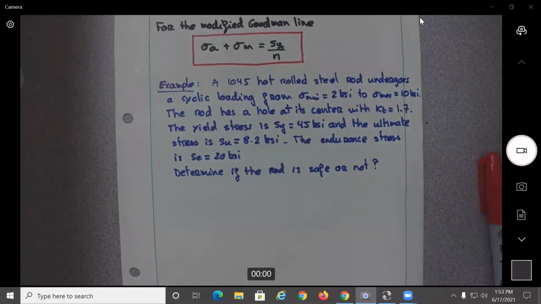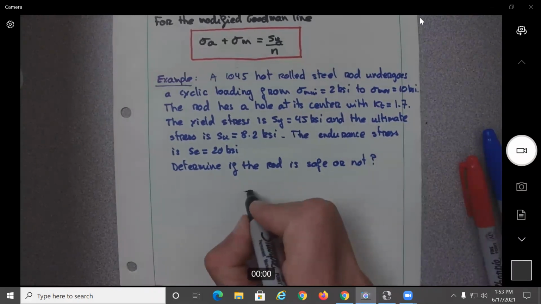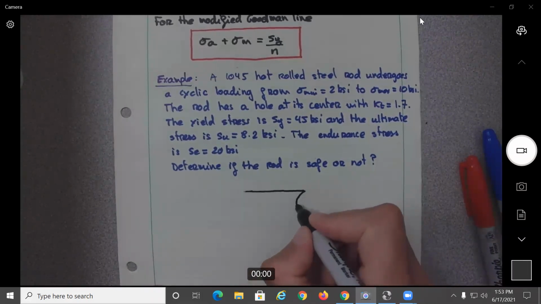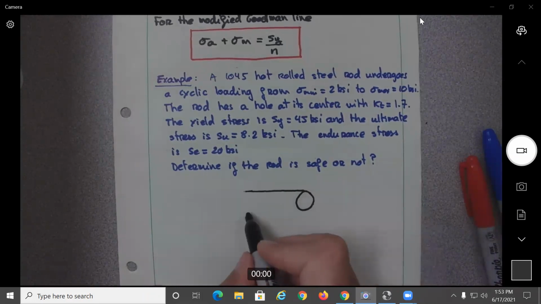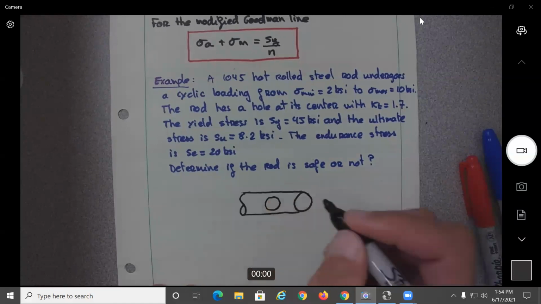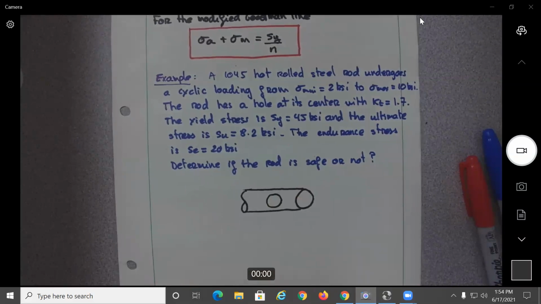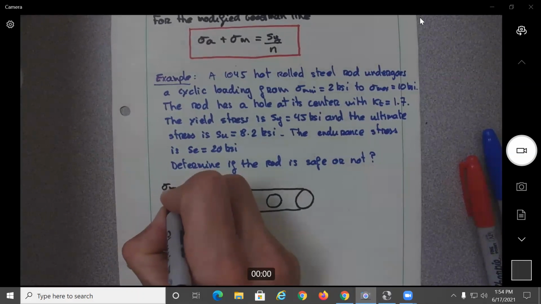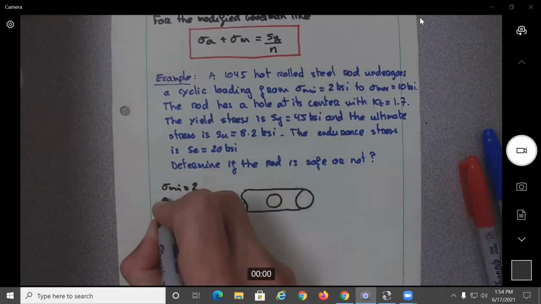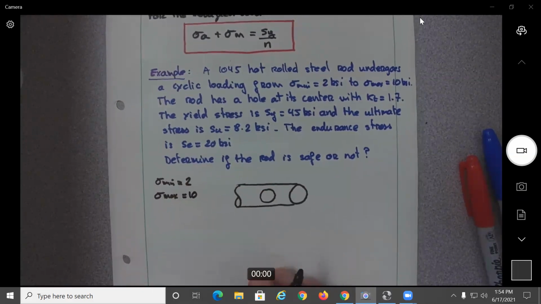So over here, what we need to do is a figure, like always, and the data. So let's do a little sketch of our rod. What do we know? It has a hole over here in the middle. What else do we know? We know that the minimum is 2. The maximum is 10.